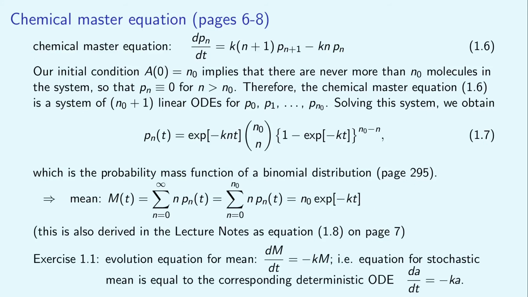In fact, in exercise 1.1, you can show that the evolution equation for the mean Mt is equal to the deterministic ODE. Such a result is true for any so-called first-order reaction network, but it is not true in general, as we will see in a number of examples starting from lecture 3.